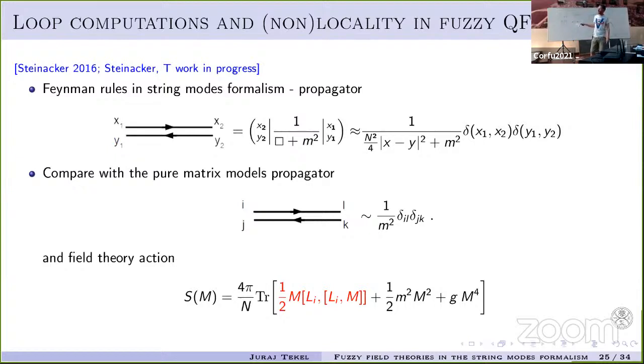What is interesting is that in the large n limit, the x and y indices are preserved, in a very similar fashion as with the matrix model, where the indices were also preserved along the lines of the ribbon graph. However, those were the matrix indices in the spin basis, and now these are the matrix indices in the string modes basis.